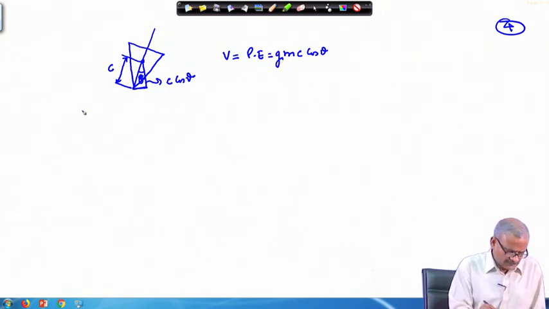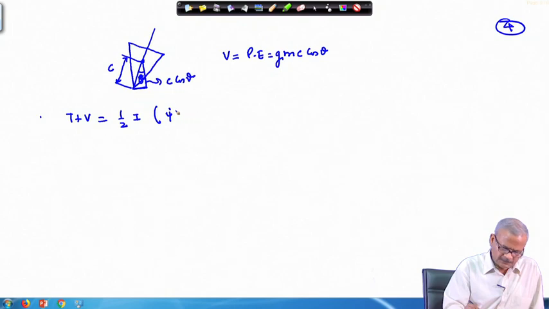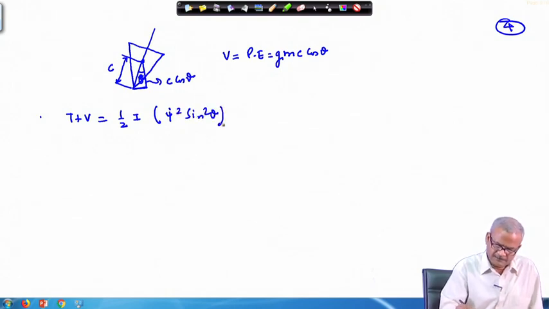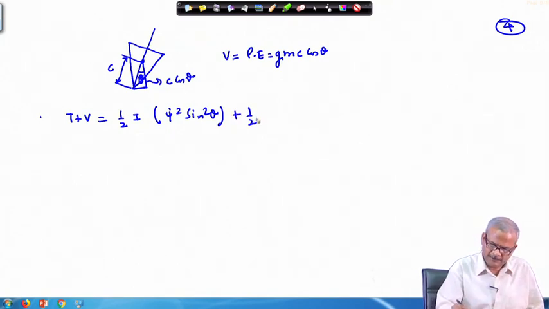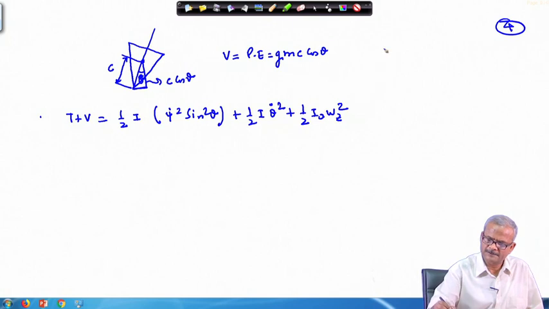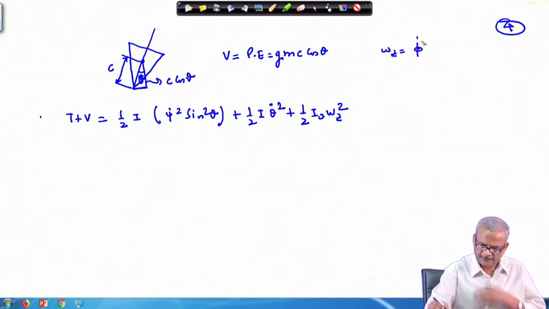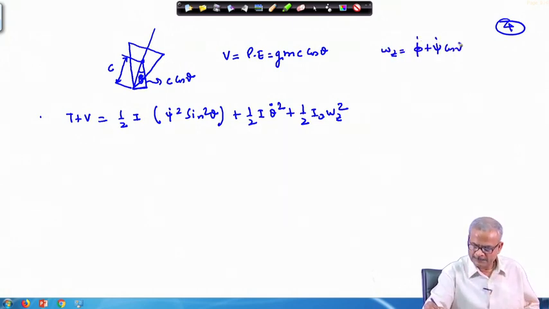So, your total system energy T plus V will be equal to 1 by 2 I times psi dot square sin square theta plus 1 by 2 I times theta dot square plus 1 by 2 I 0 times omega z square, where omega z is phi dot plus psi dot cos theta.